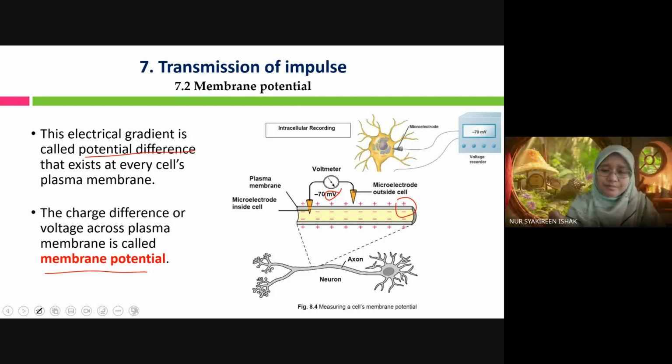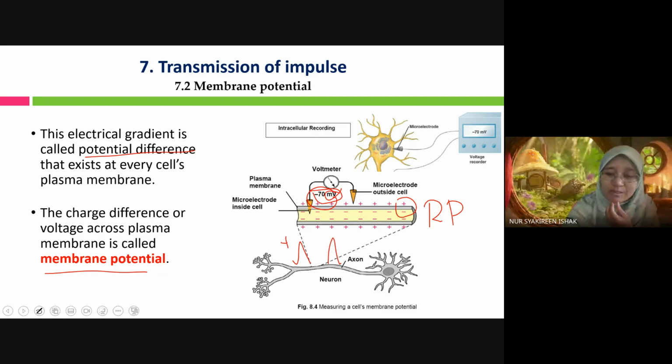Alright. So because inside the cell is negatively charged, this is the resting potential of a neuron when the neuron is not stimulated. So at the resting state of a neuron, the reading is negative 70 millivolt. But if the neuron is stimulated to generate an electrical impulse, nanti dia akan generate action potential along the axon ni.